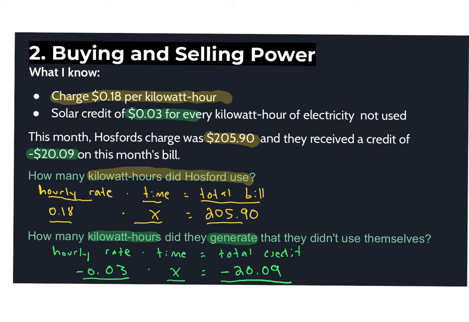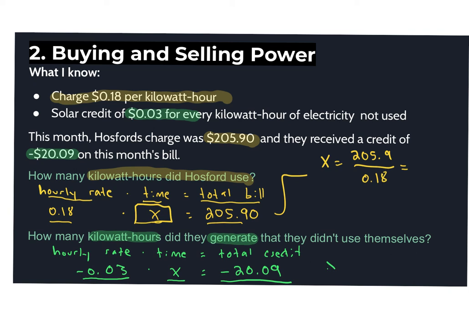So I'm going to start with just the kilowatt hours. In order to solve for this unknown time, since that's being multiplied, I'm going to take that 18 cents and turn it into a divisor. So that means X, which is time in this case, is going to be 205.9 divided by that rate, divided by 18 cents. And I'll do the same thing for my solar.